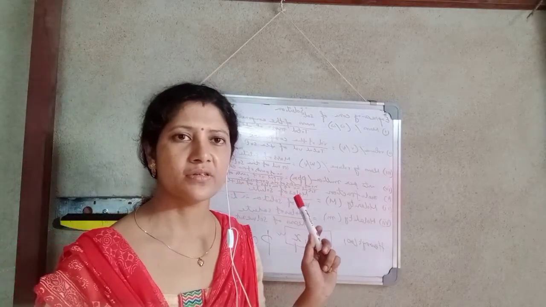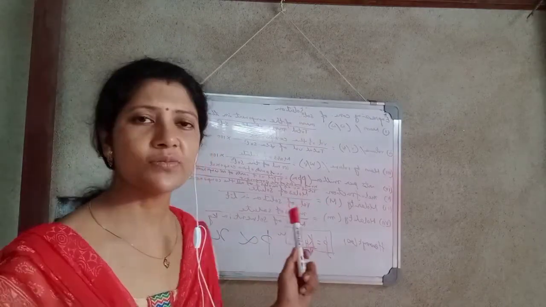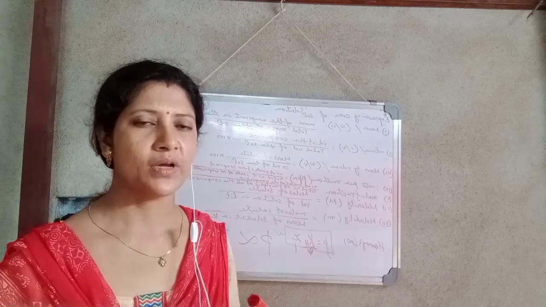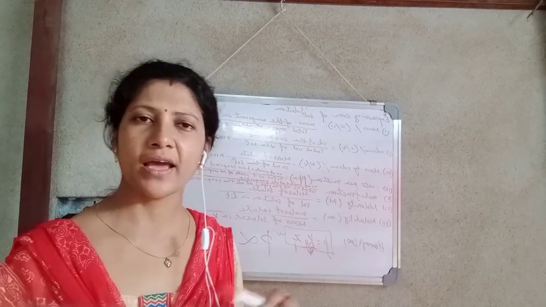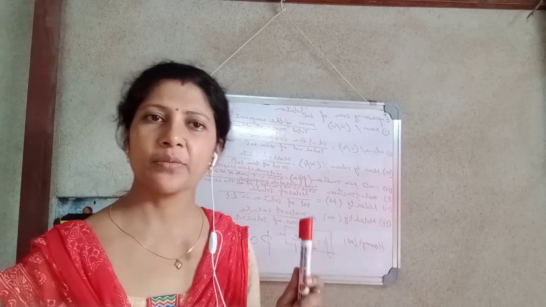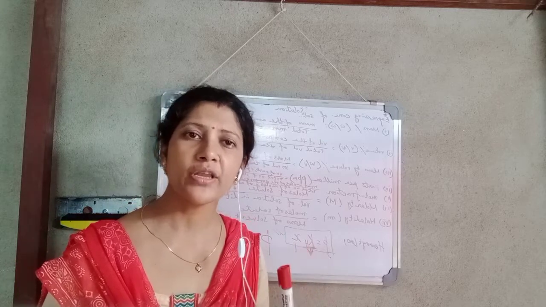Okay, now molarity. Students, molarity and molality both are expressed by M. One is capital M and another is small m. Molarity is expressed by capital M and molality by small m.